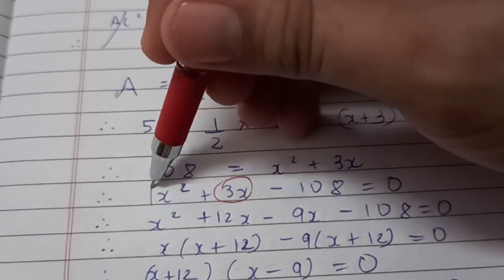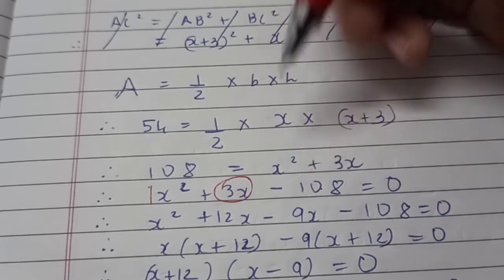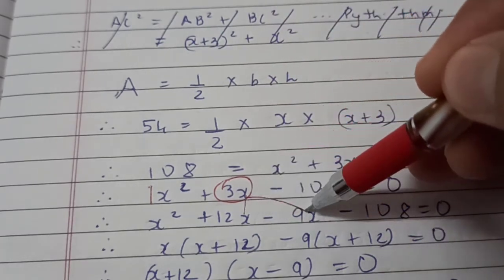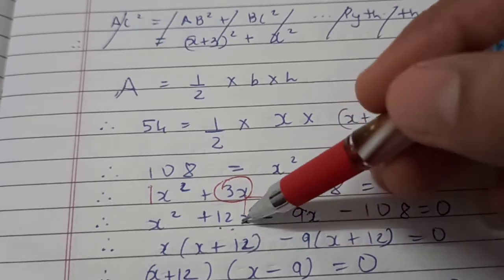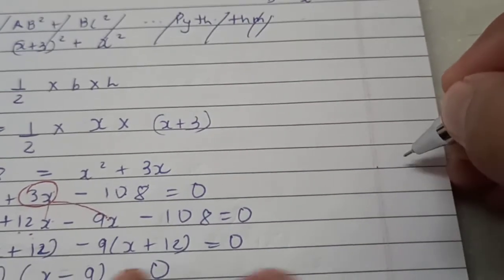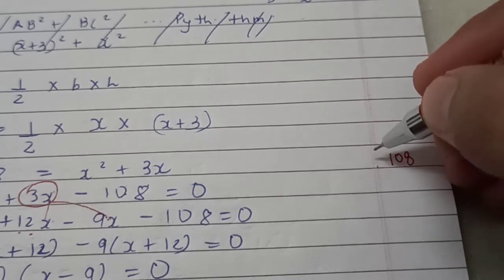Fortunately, the coefficient out here is 1. So 1 into 108 is still 108. Now I want to split it into two terms such that their product is minus 108, but their addition is 3. So if you can't do it mentally, just find out all the factors of 108 first of all.